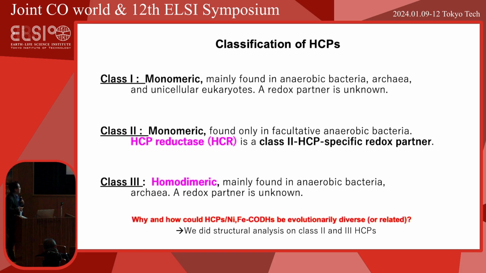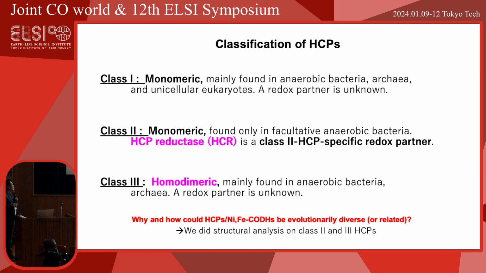Class 2 is found only in facultative anaerobes, such as E. coli. And one unique feature is this class utilizes the HCP reductase, called HCR, as a specific partner.